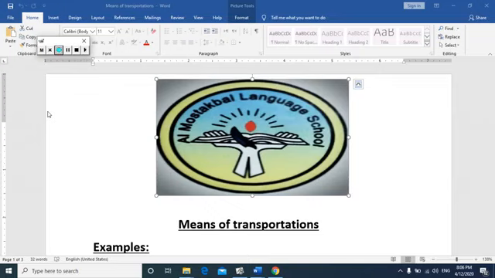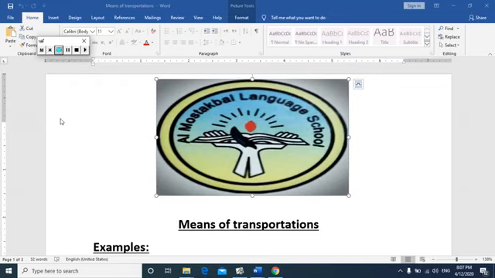Who can give me some examples of means of transportation? First, count from 1 to 5 before answering, as we are used to in Al Mostaqbal Language School. 1, 2, 3, 4, 5. Yes, Junior. Wow, fantastic.